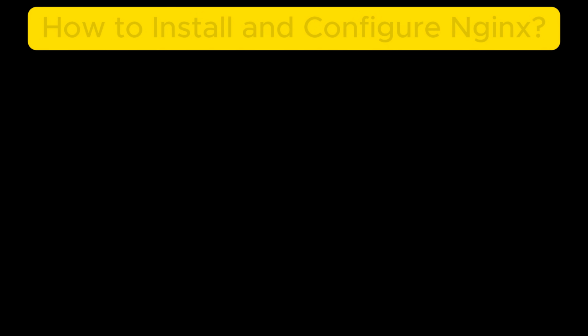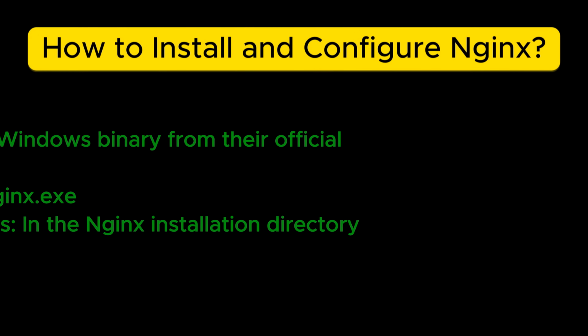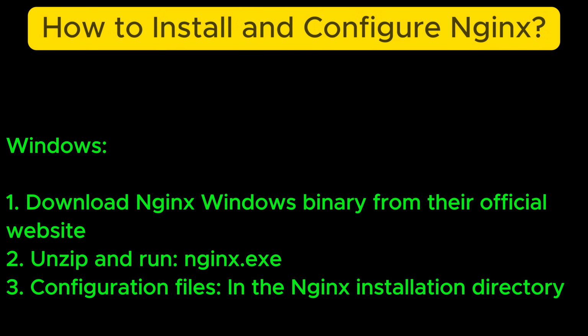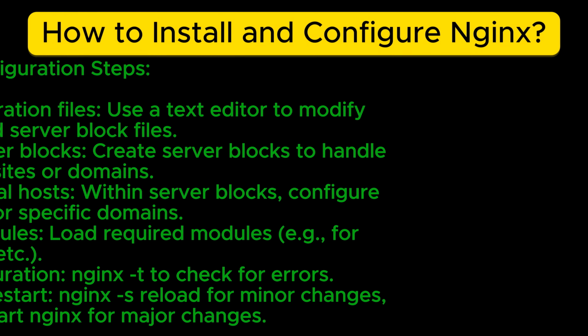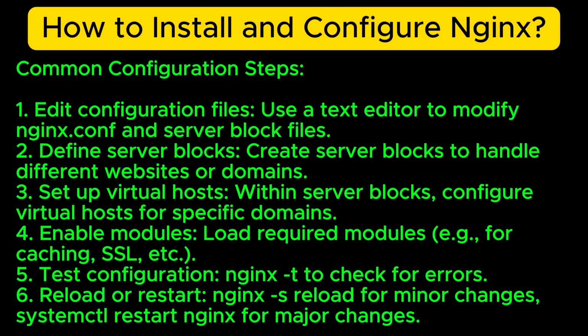Then we have Windows. On Windows, first of all you have to download the binary file as usual, which will be nginx.exe. After that you will start the installation, and then you can find your configuration file nginx.conf, and you can also configure a server block.